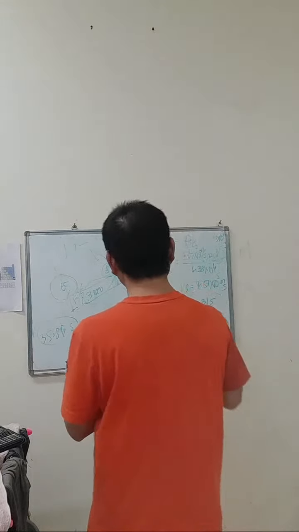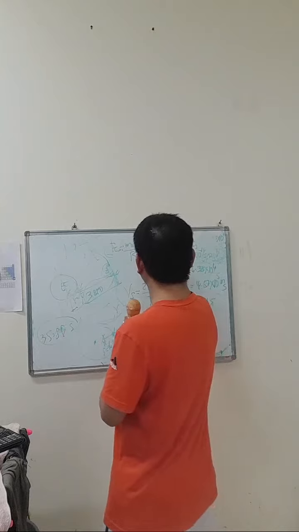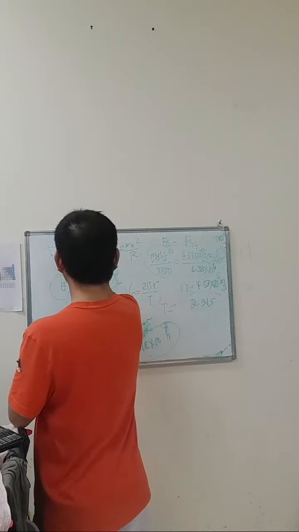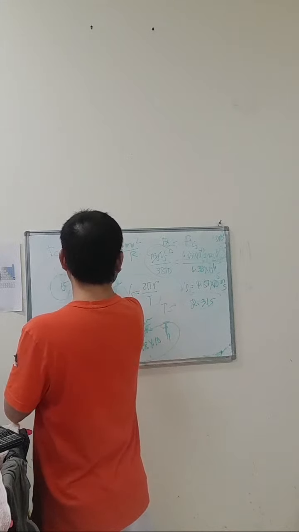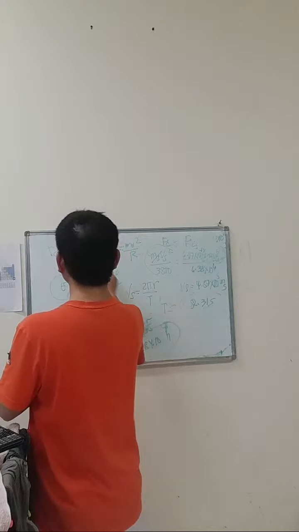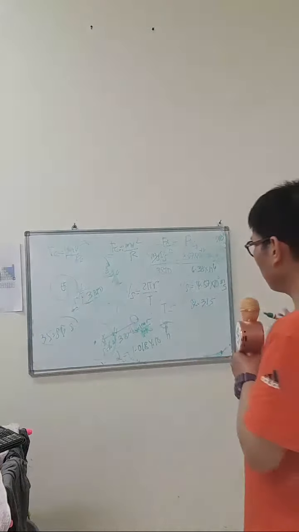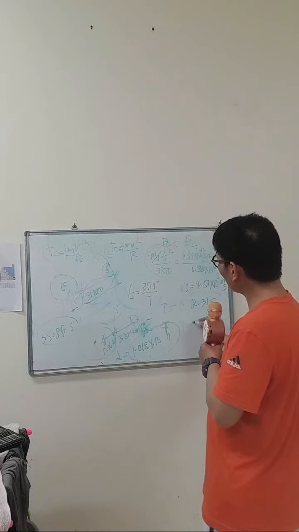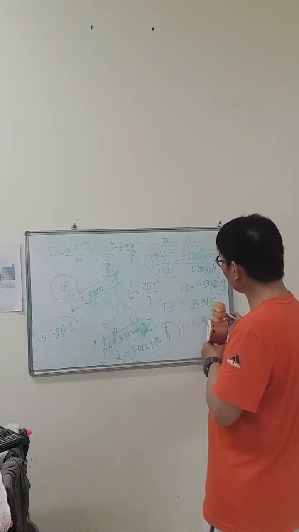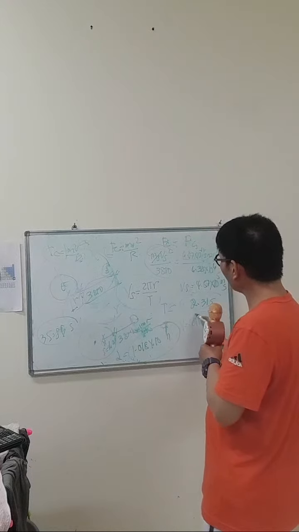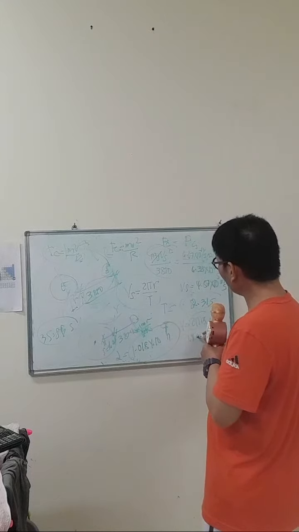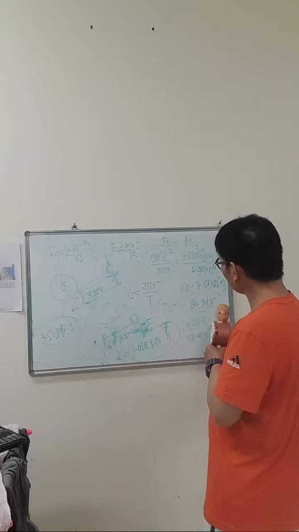So you will never use this one, you will use again this formula. Fc is equal to mv squared over r. So how much is your period for this? Okay? That is the frequency. Velocity equals 2 pi r times frequency. Frequency is equal to 1 over t.